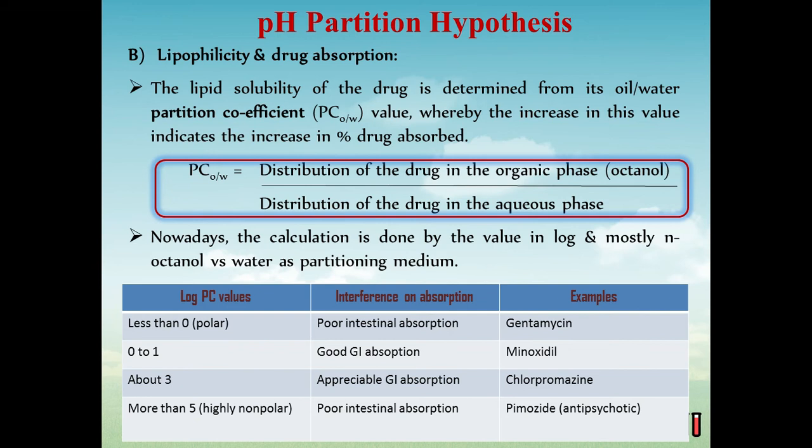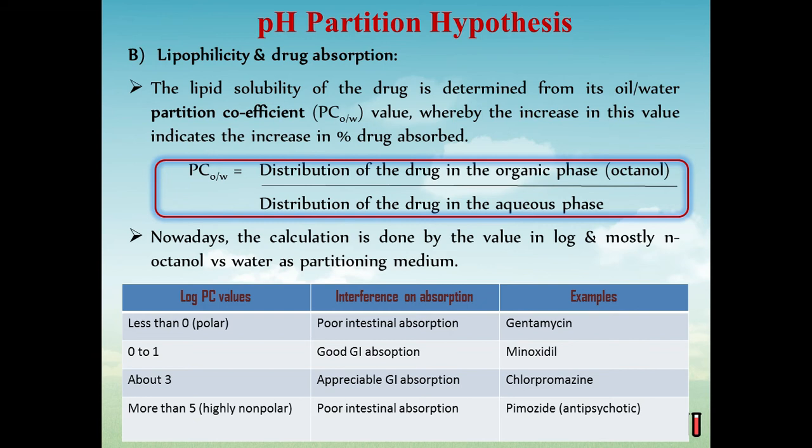Lipophilicity is also an important part of drug absorption, as the lipid solubility of the drug is determined from its oil to water partition coefficient, P o/w, whereby an increase in this value indicates an increase in the percentage of drug absorbed.